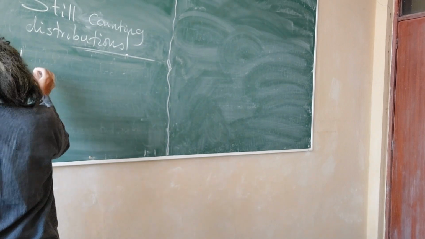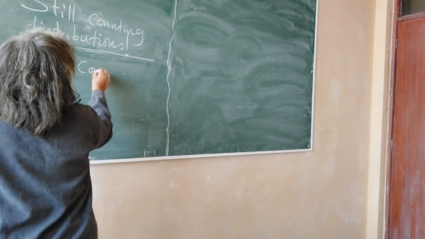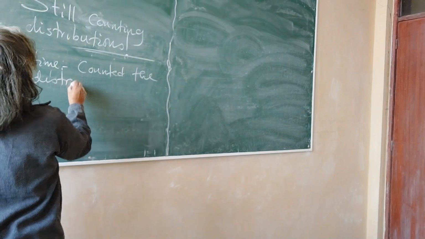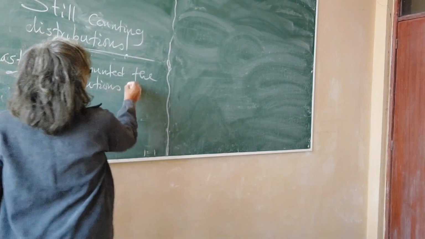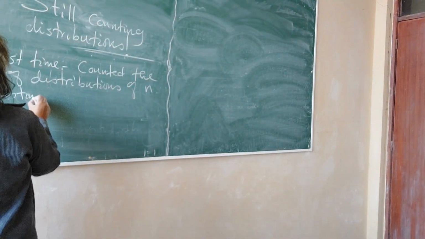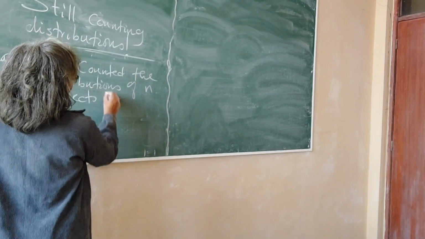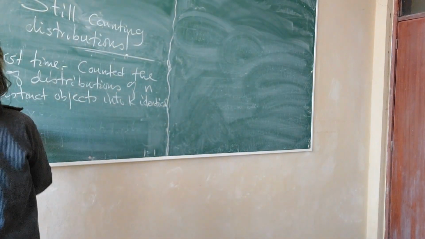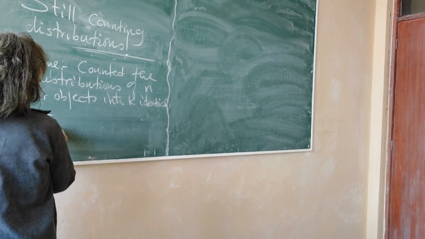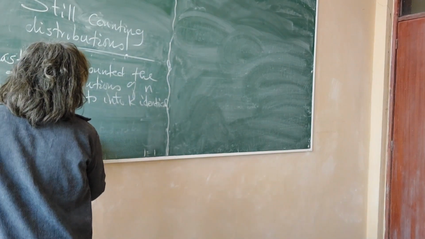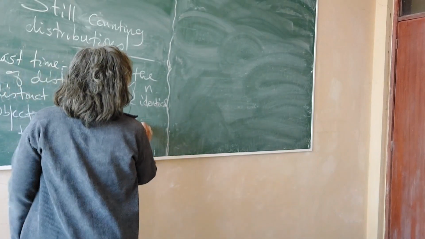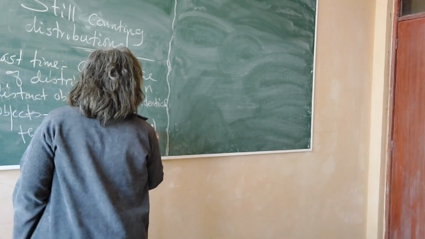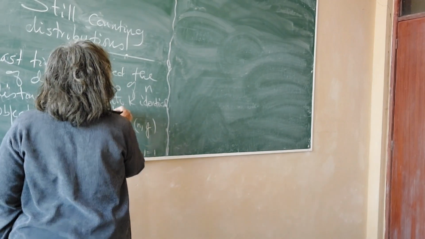What did we do last time? Last time we counted the number of distributions of n distinct objects into k identical objects, and the result was the sum of the Stirling numbers S(n,j), where j varies from 1 to k.